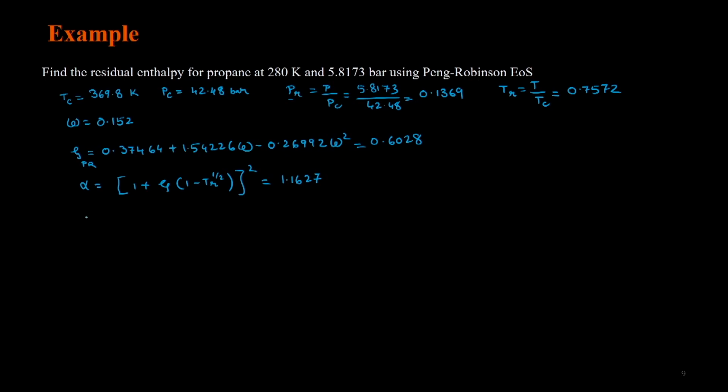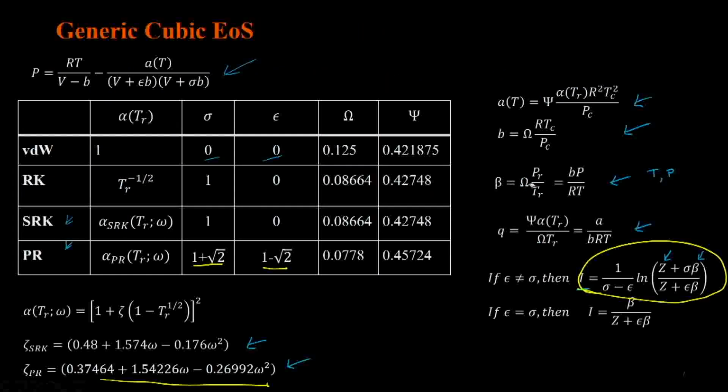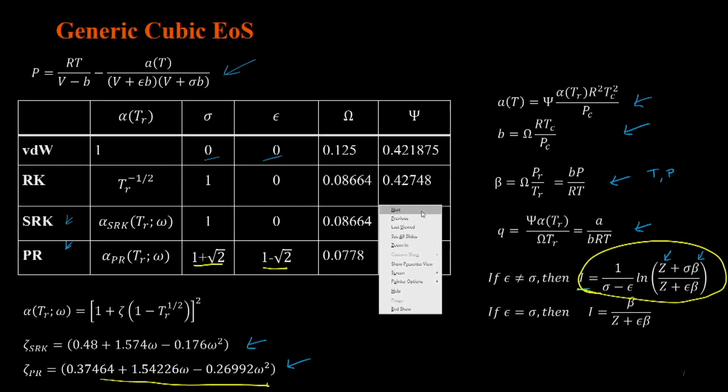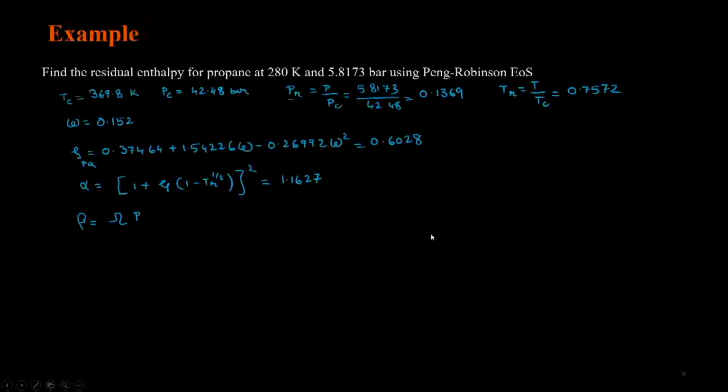The other things I need in these calculations are beta, which is omega PR over TR, or BP over RT, whichever one is convenient depending on what we have. In this case, let's just go with omega PR over TR. Both are equivalent expressions. And for Peng-Robinson, omega is 0.0778.